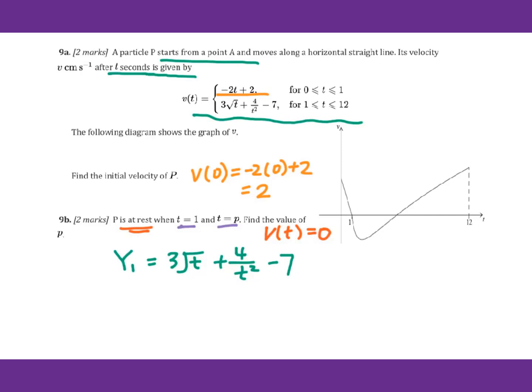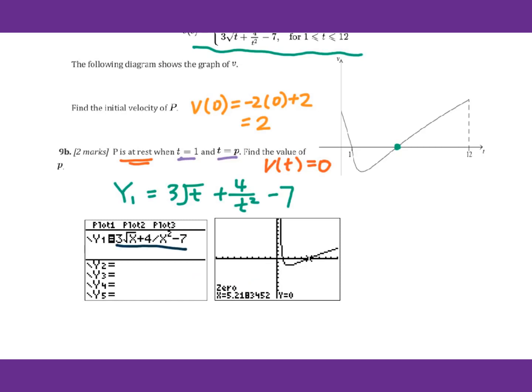Then we try to figure out this x-intercept. We put y1, this function, then get the x-intercept. That will be 5.22. So we get t equals 5.22, which means p equals 5.22.